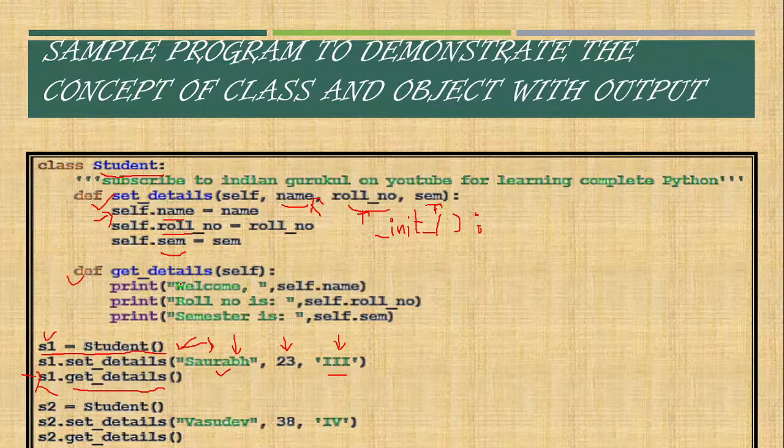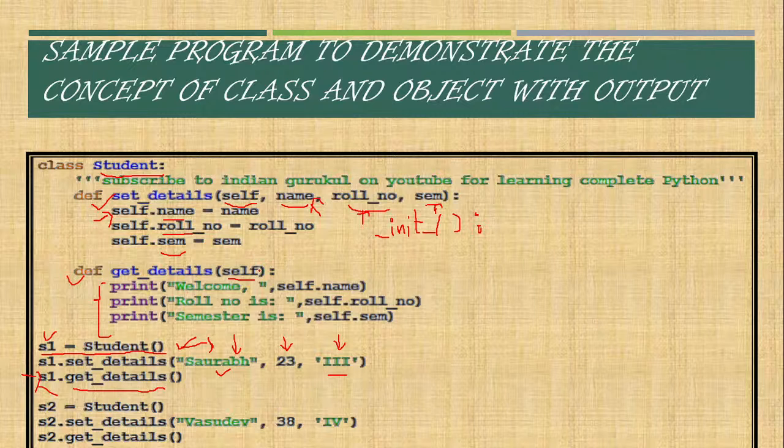this set of print statements which are inside the get_details method will be executed. One very important point is that there is a variable over here, which is self. You can see that in each of the methods inside the student class, there is a self variable, written as the very first variable.